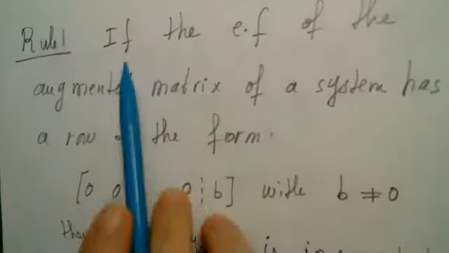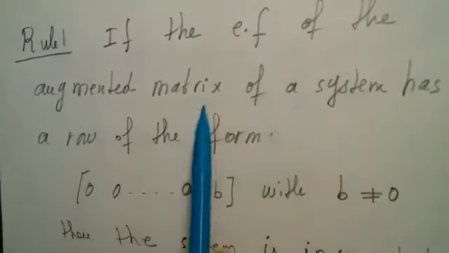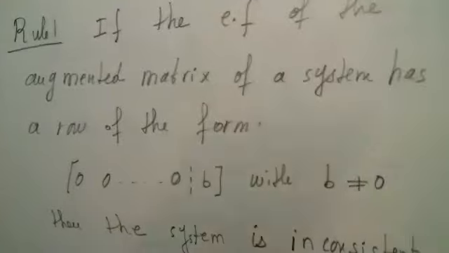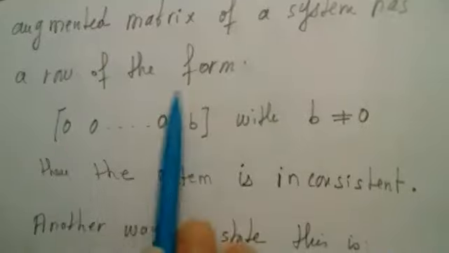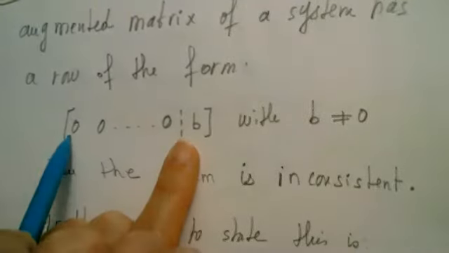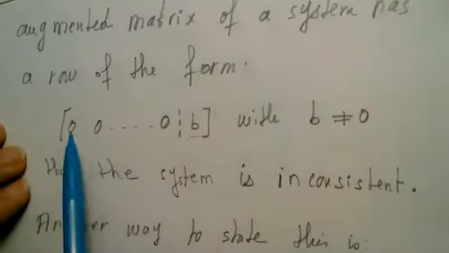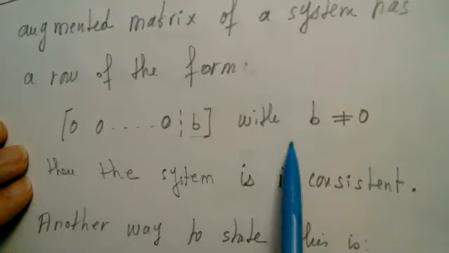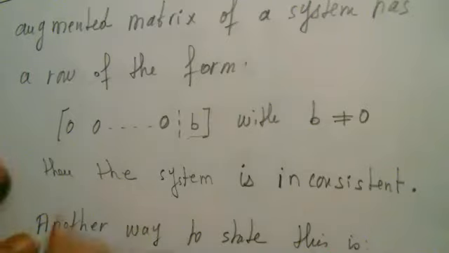Rule: if the echelon form of the augmented matrix of a system, so you start with a system, you have no idea what's really going on, you reduce it, and the augmented matrix has a row of the form where all the terms to the left are 0 except the rightmost one, the augmented term. So 0, 0, b, with b non-zero, then the system is inconsistent. And I write why.